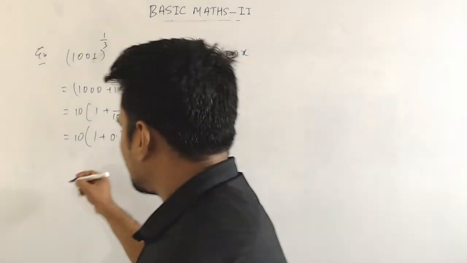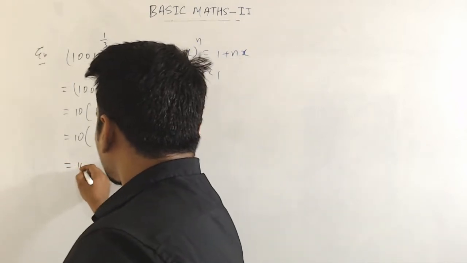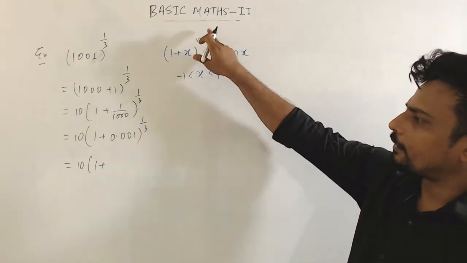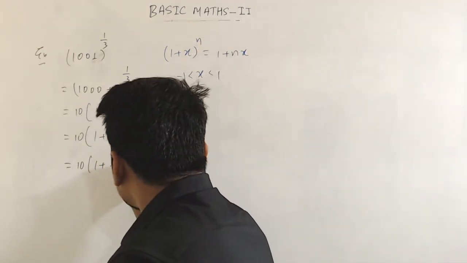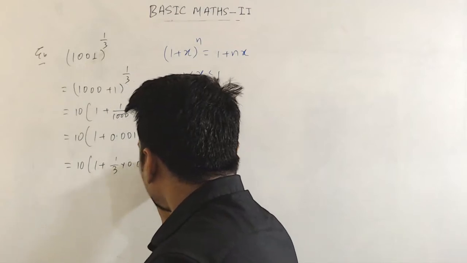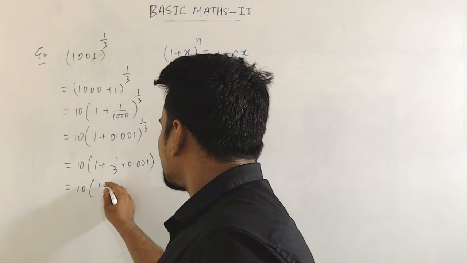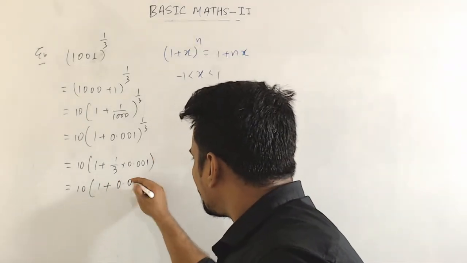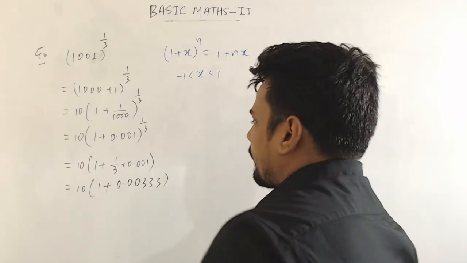So this can be written as 10 times 1 plus, the value of n is 1 upon 3, so 1 upon 3 times x, which is 0.001. If you further divide this, it gives 1 plus 0.000333 and it keeps on going.